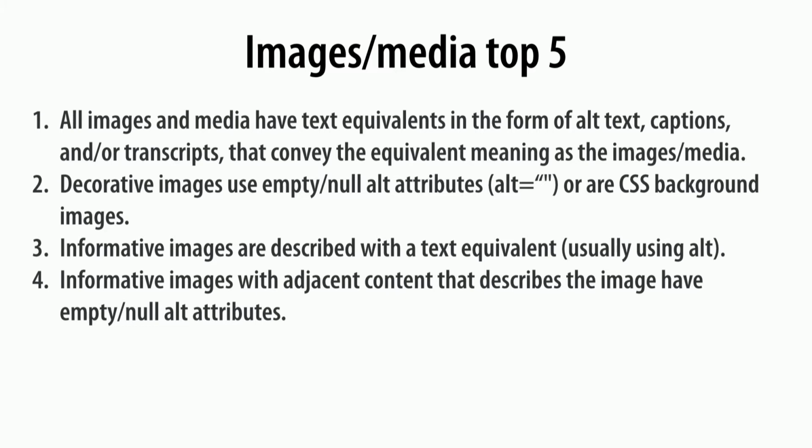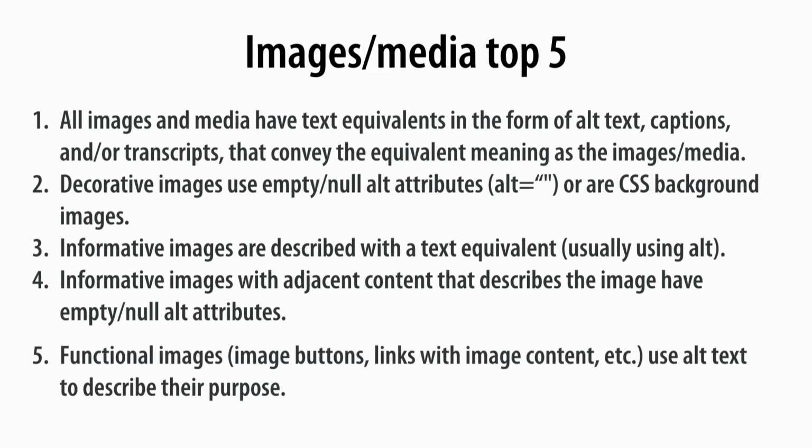And, well, I mean, that sounds kind of cool actually. But you don't want it to be repetitive. So you really want that to say just link The Martian. So they don't both need to have the same text. And then functional images, image buttons, links with image content, they use alt text to describe their purpose. This is a great starting point for you.